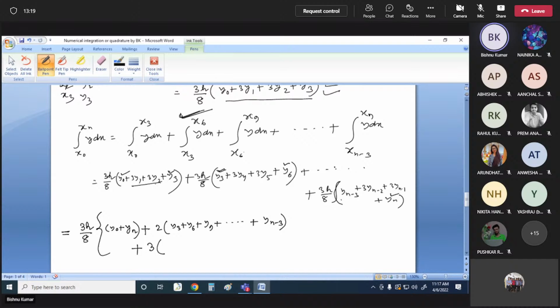How many values have we considered? The first value, the last value, the intermediate y values which are multiples of 3, and the remaining y values which are multiplied by 3: y1, y2, y4, y5, and in that way, in the last term, yn minus 2 and yn minus 1.